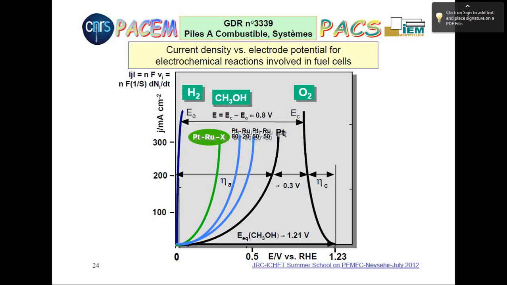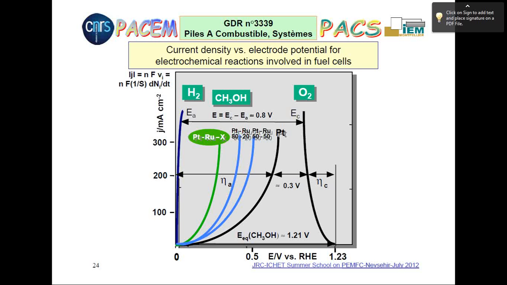I also put methanol because if you have direct methanol fuel cells, you have a very large overvoltage at the anode also. So for the methanol, for example, with 200 milliamps per square centimeter, you have only 0.3 or 0.5 volt cell voltage versus 0.7, 0.8 volt for the hydrogen oxygen cell. So you see the difference because the activity of methanol is much lower than that of hydrogen.